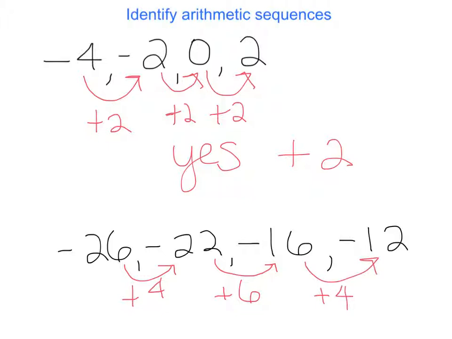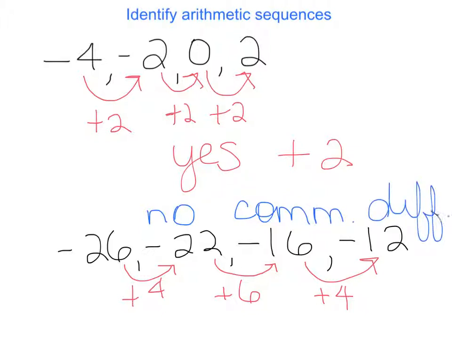So even though we have a 4 that repeats, this would not be an arithmetic sequence because the pattern does not repeat. There's no common difference for this example.